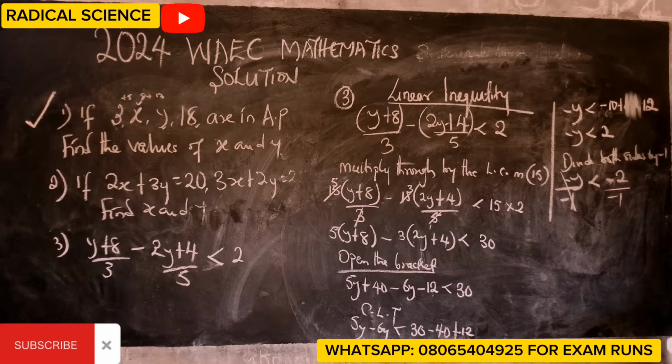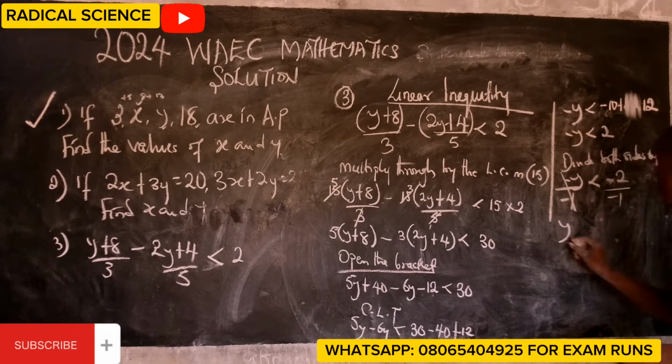Another thing I'm going to have in mind is that in the law of inequality, if you divide by a negative number, it will affect the sign of your inequality. This is less than, because the number we are dividing with is negative, my y will now be greater than minus 2.